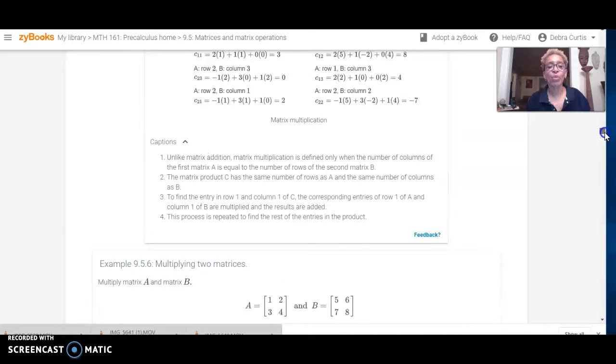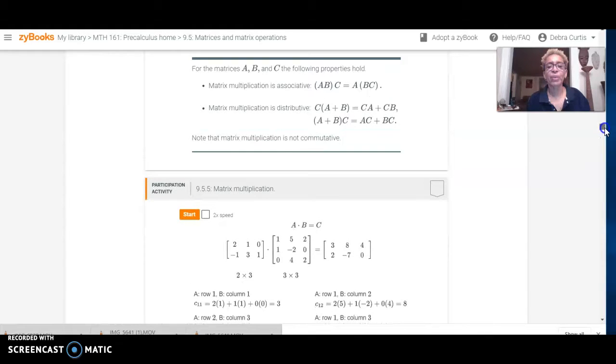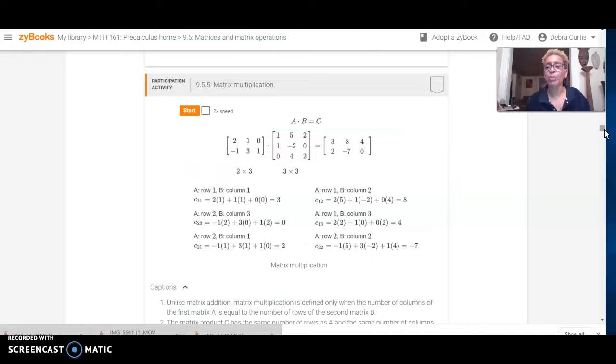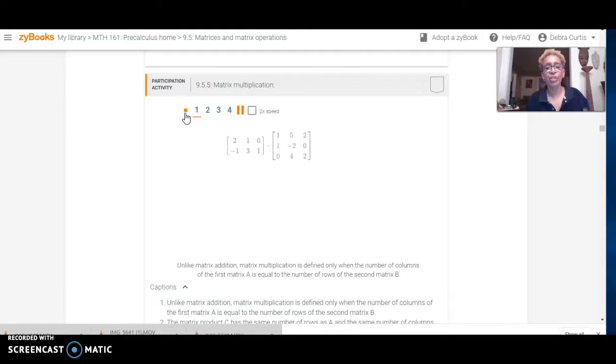All right, so here we see that the distributive law does hold. So that would be true. So you would just click on it. So here's another participation activity. You could press start, and it's just going to go through and explain how to do problems. Okay, so you can press to speed, and that would just go through the whole thing.